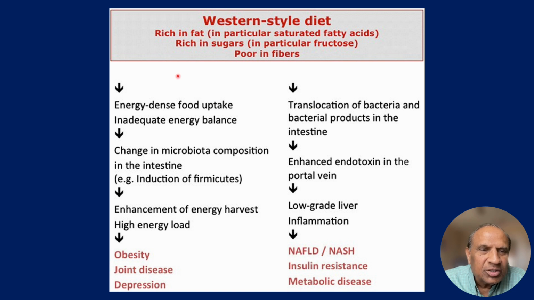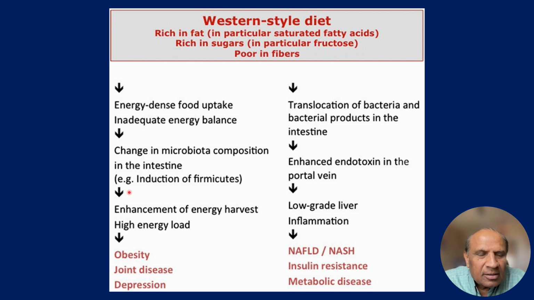One is this diet is energy dense food because it has more fat and more carbohydrate. It changes the energy balance. It means how much energy is derived from which component of the nutrition or the diet. This change leads to change in the microbiota composition, as we had seen earlier.